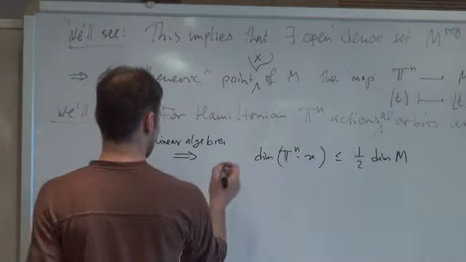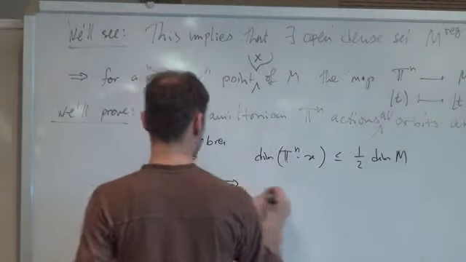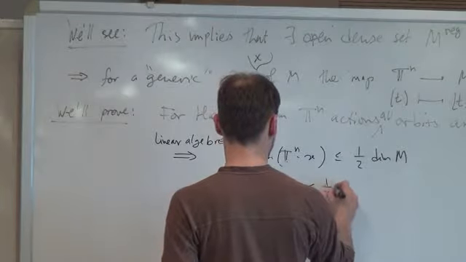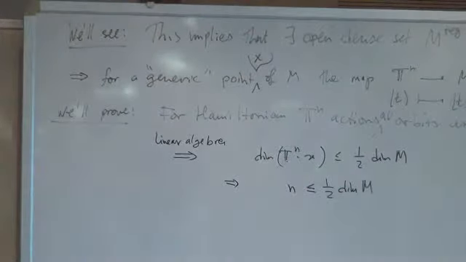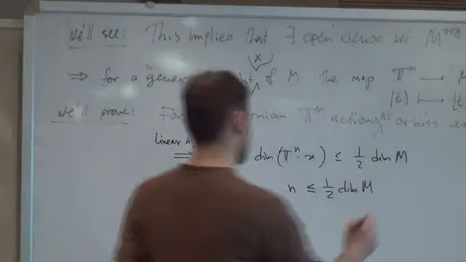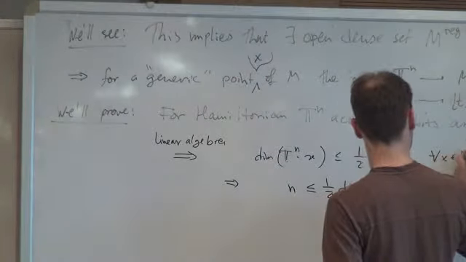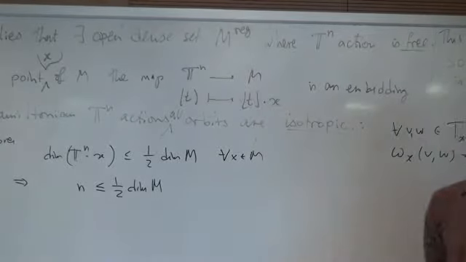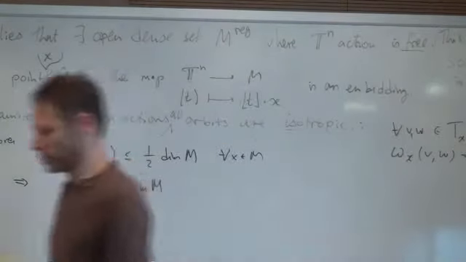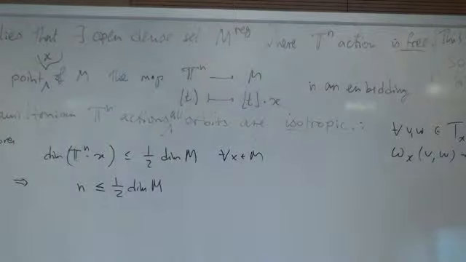So that tells you that n has to be less than or equal to 1/2 of the dimension of M, because generically the orbits are embedded. This is for all x. So at some points, this is a copy of the torus. And all of a sudden you realize that if you have a Hamiltonian torus action, the dimension of the torus could not be very big. It has to be less than 1/2 the dimension.